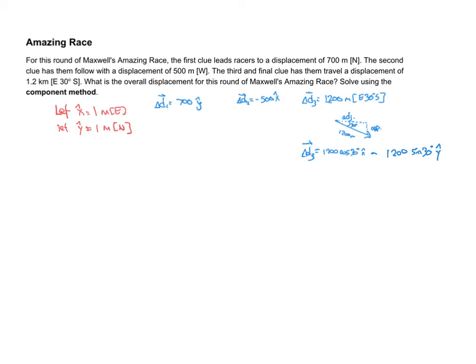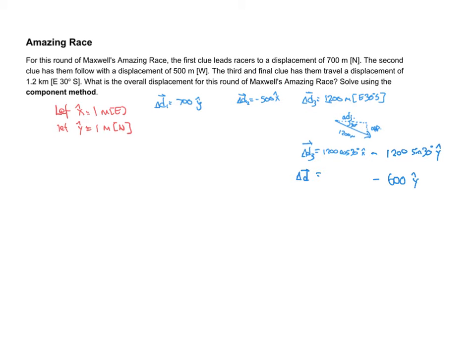I can go ahead and get those values in the calculator, though the second one's, if you know your special angles, sine of 30 is just equal to a half. So half of 1,200 is 600. Cosine of 30 is, I believe, root 3 over 2. So the square root of 3, that's an irrational number.